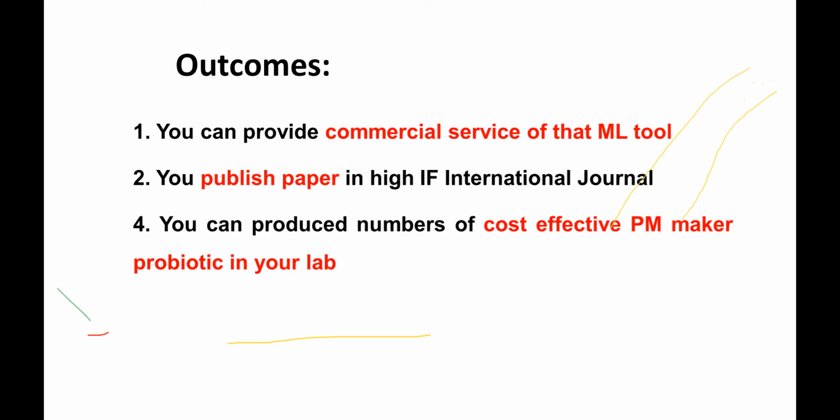But if you're working in the agriculture or livestock sector, you can also use machine learning based tools to screen out the health or meat enhancer genes from the animal gut, and also screen out the milk enhancer genes from high milk producing animals, and then use these bacteria strains to prepare cost effective and very healthy probiotic products to improve animal health.